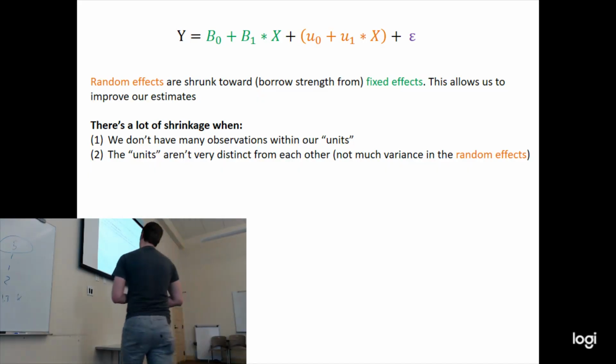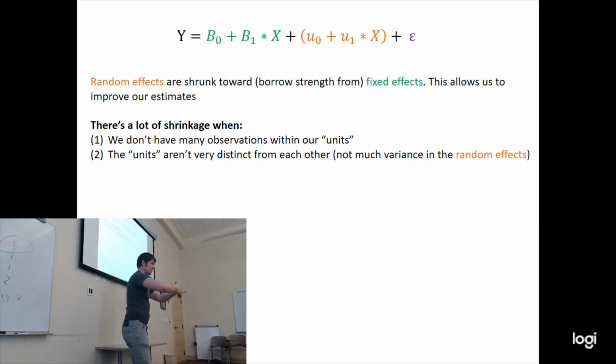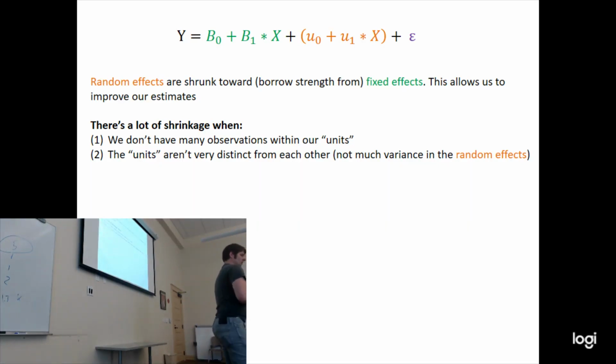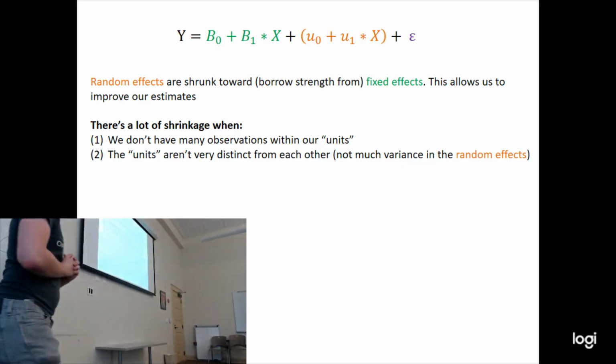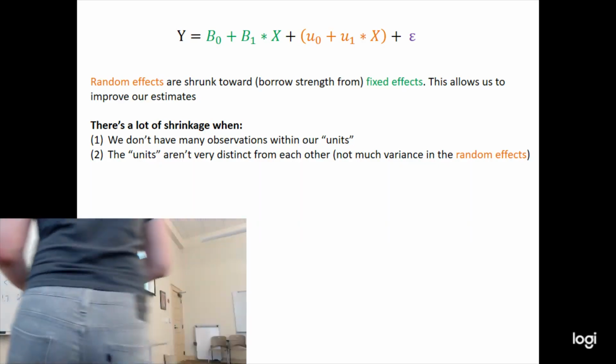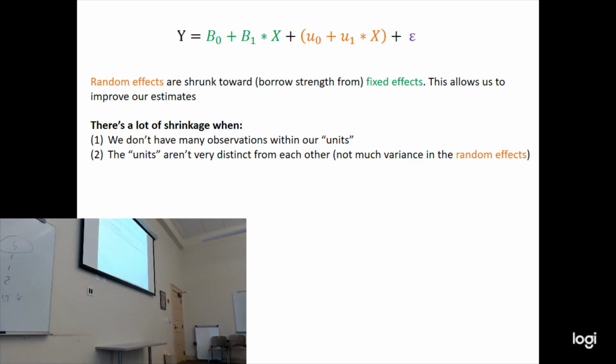So if they're not very distinct from each other, then it makes more sense to borrow information from our fixed effects. Why is that? I feel like that's the opposite of what I was thinking. So let's imagine that we have a case where all our reviewer intercepts are close to the black line. If that is true, then there's probably not a lot of new information that we can get from looking at how reviewer 1 is different from reviewer 2.